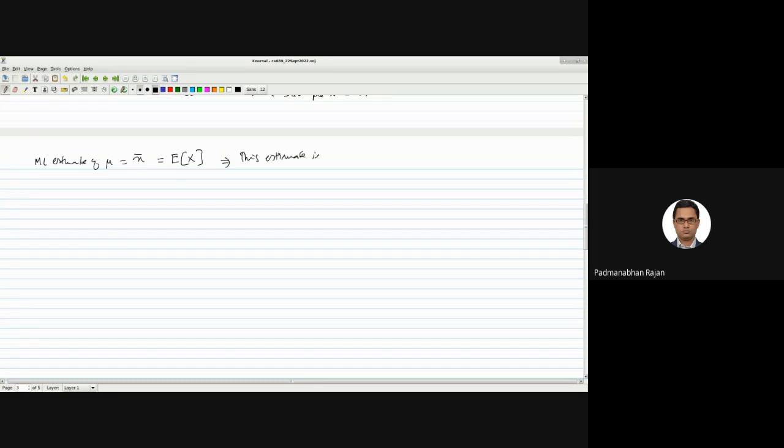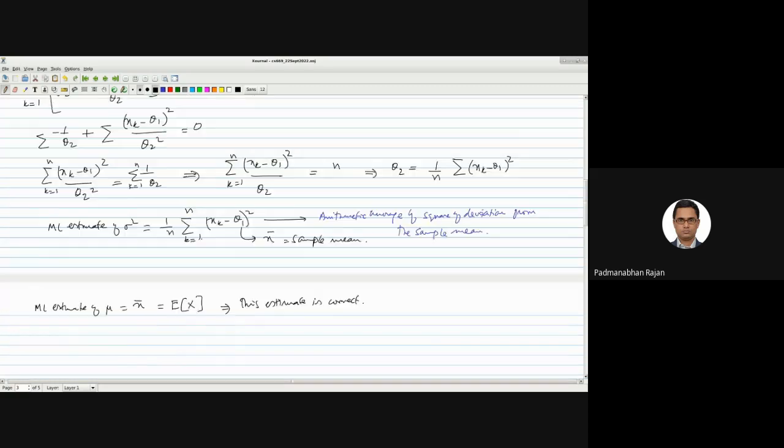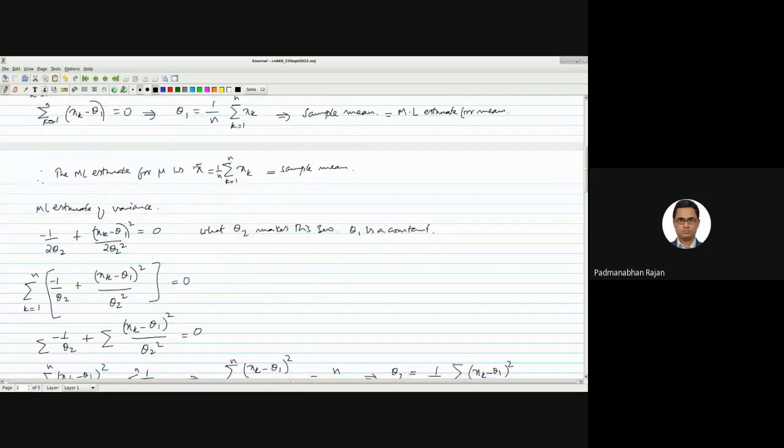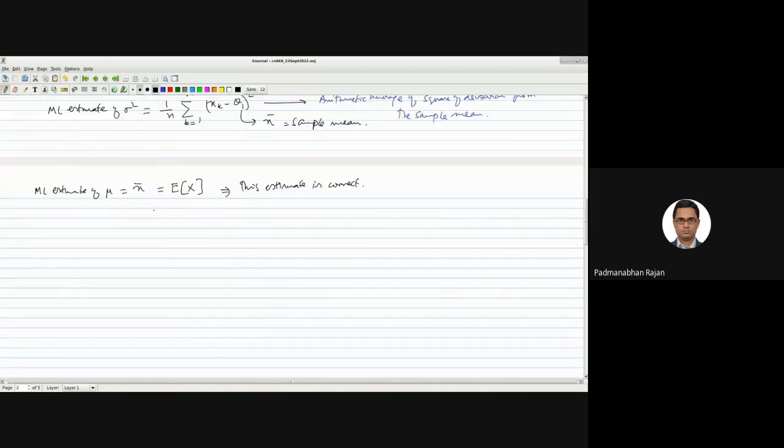Basically what this means is this estimate is correct. That means the sample mean converges to the true mean, which is E of x, if there are a large number of data points. As your n, the total number of observations, becomes very large, the sample mean converges to the true mean.